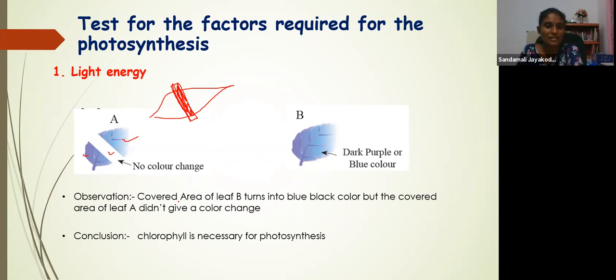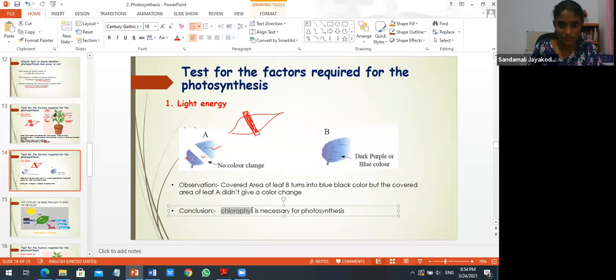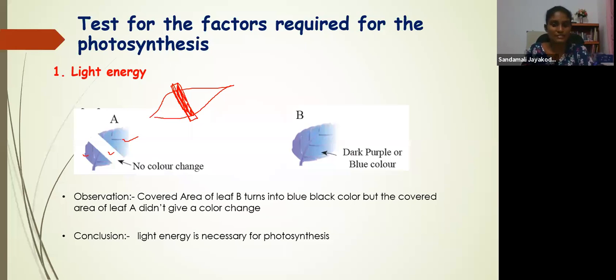So observation: the covered area of leaf B turns into blue-black color, but the covered area of leaf A didn't give a color change. So our conclusion is, oh, it's a printing mistake, so I have to correct it here. Light energy. Light energy is essential for photosynthesis.